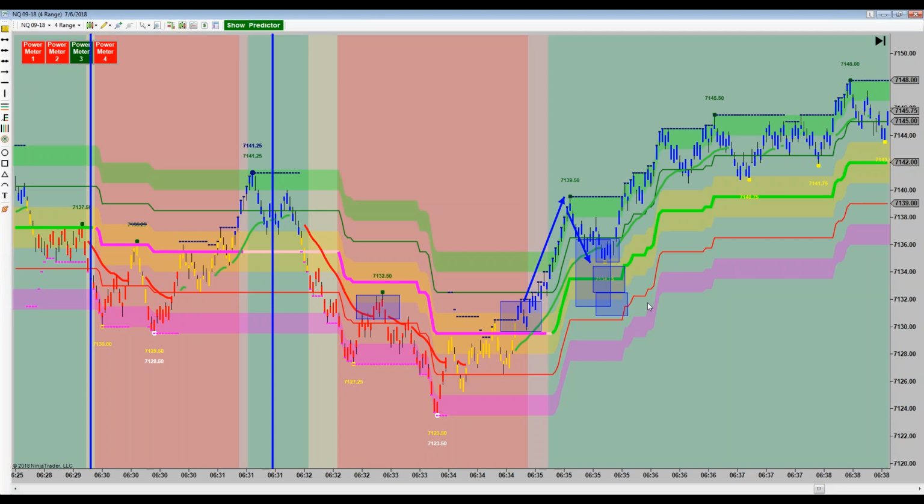Okay, next pop quiz, and then we're going to move on. Given what you know now about retracements, is this retracement a legitimate long entry, yes or no? Why or why not? Right now we're at about 6:37 on Friday morning, trading NASDAQ.